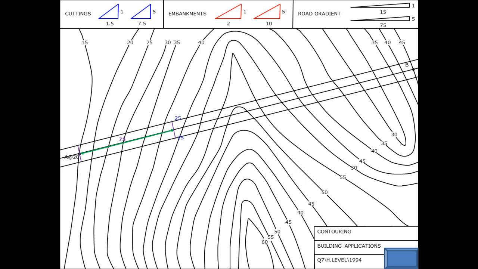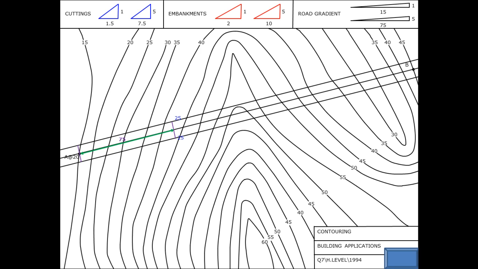So looking at a road, we can see here we have 20 to 25 is our distance here. Looking at the contours around it, we have 35, 30, 25 say along here. So the mountain is going to be higher than the road here. So if the mountain is higher than the road, we need to cut away the mountain. So we'll be dealing with our cut. So we have our cut ratio here. So for every 5 meters we want to raise up, we're going to step out 7.5.